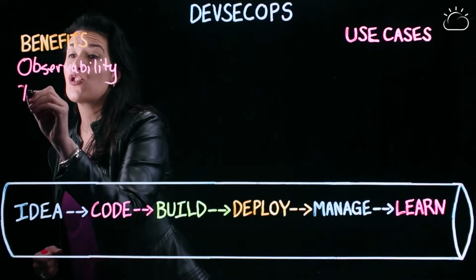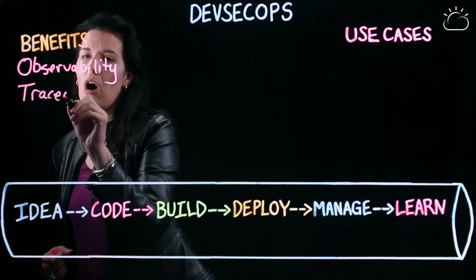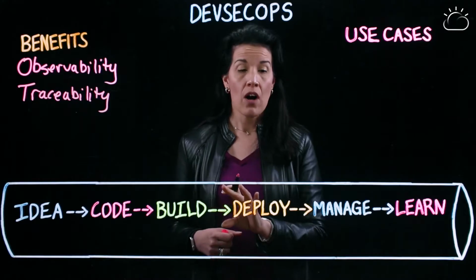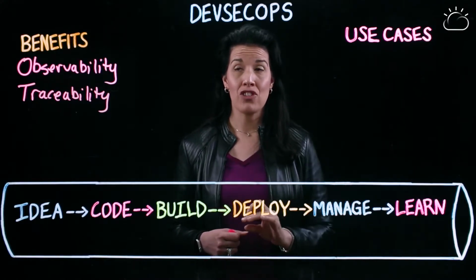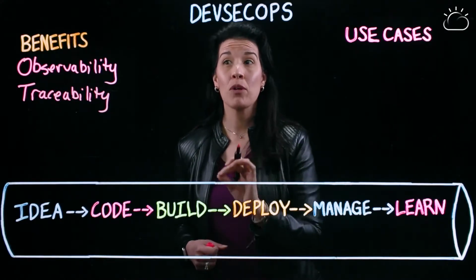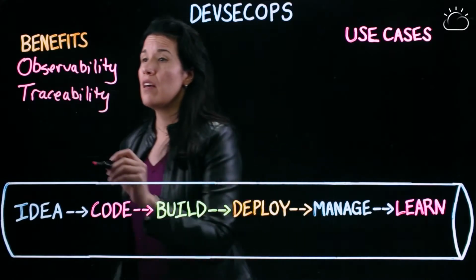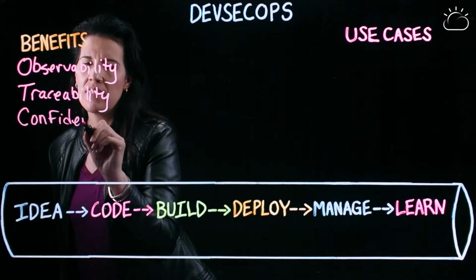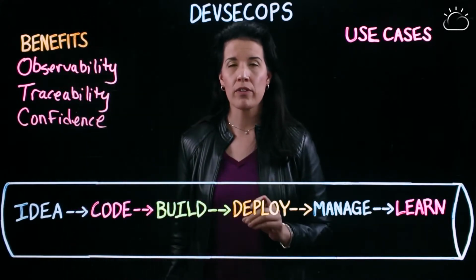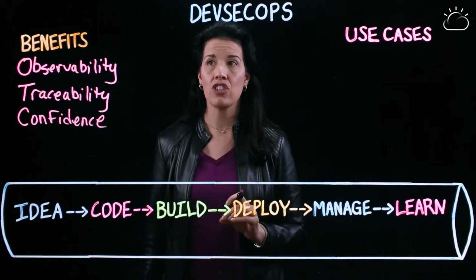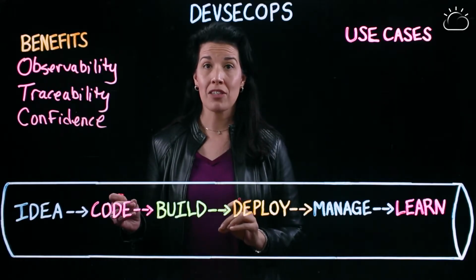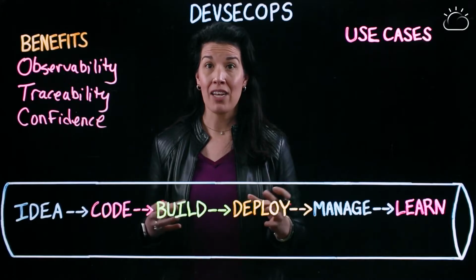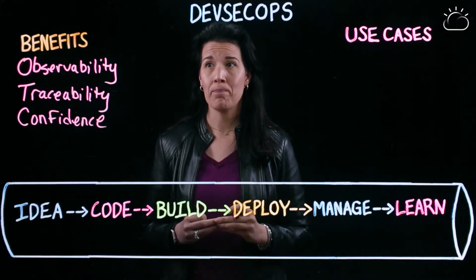Another benefit is traceability. So are we able to understand what user stories are being deployed and managed in the runtime environment, and can we prove it? The next benefit is confidence, and this is all about the business having a trustful relationship with the IT organization, that what is being delivered is actually what started off in the beginning of the pipeline as a requirement or a user story.